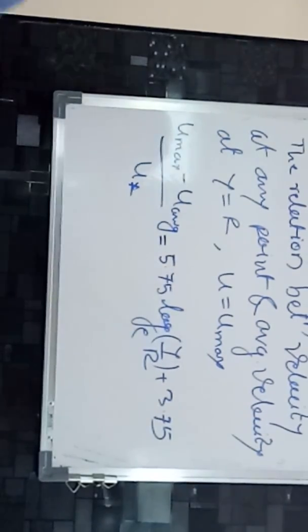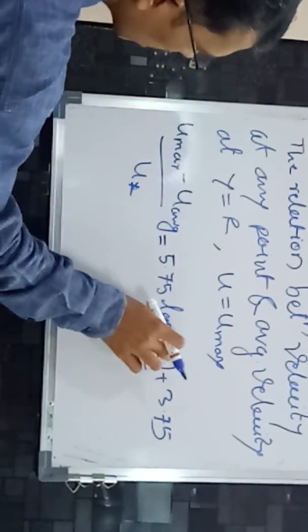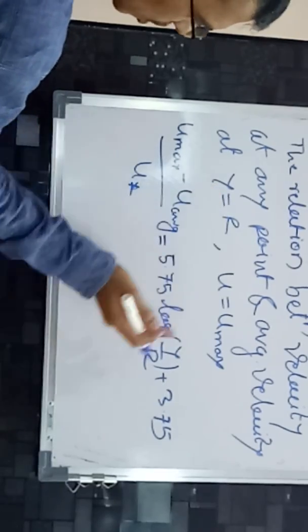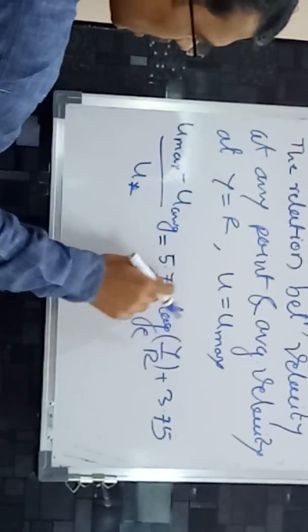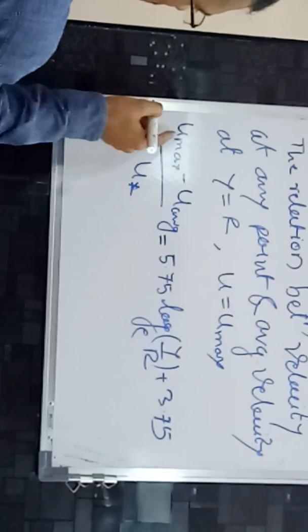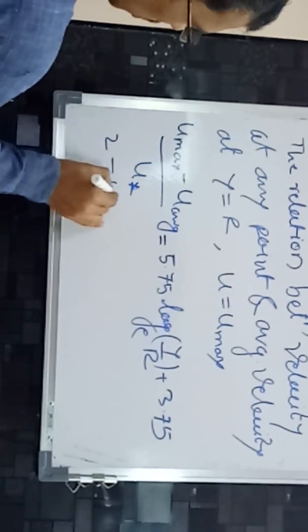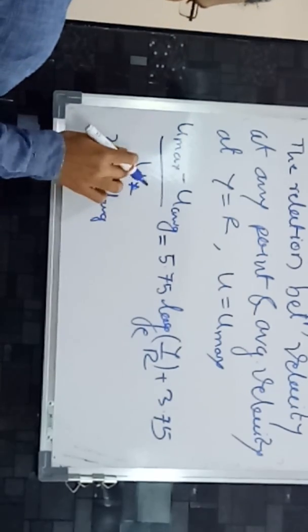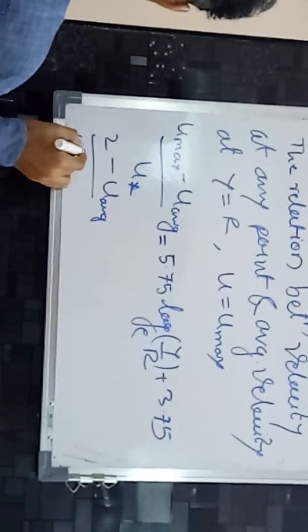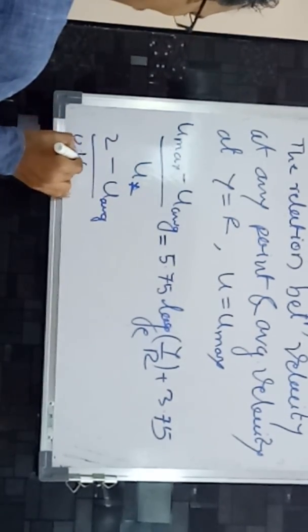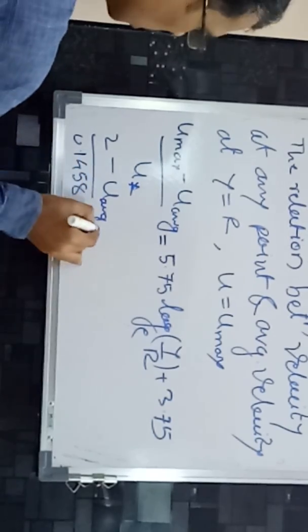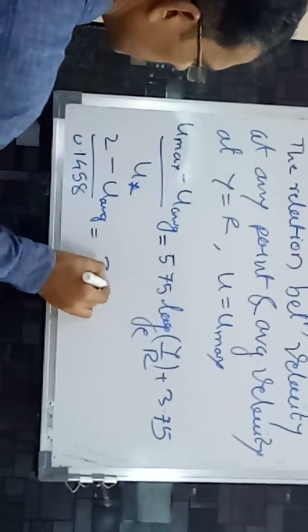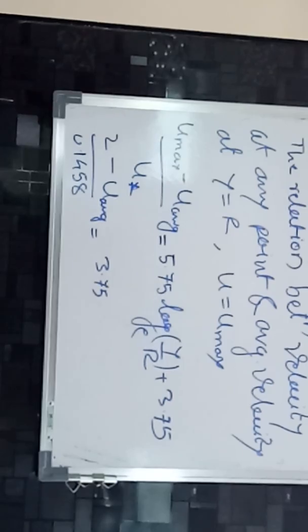Now see here, if I substitute y equal to r, this term will get cancelled. So what is the maximum velocity? 2, equal to U average plus 3.75 times 0.1458.